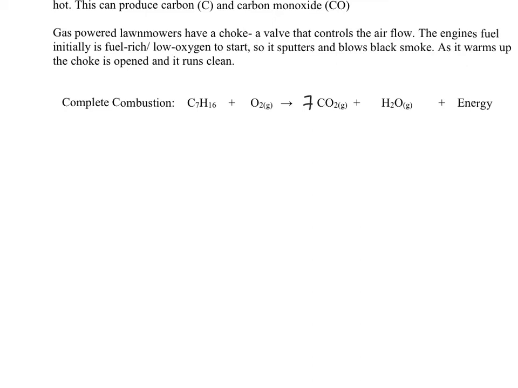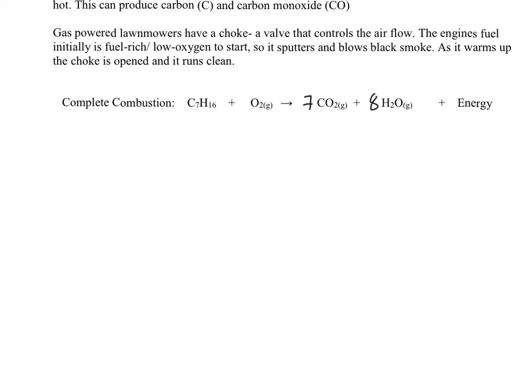On the left, there are 16 hydrogens. On the right, there's only 2, so we have to multiply the water by 8 to get 16. Remember, you're only multiplying by coefficients, number out front.